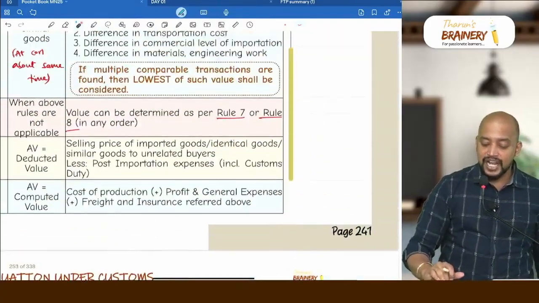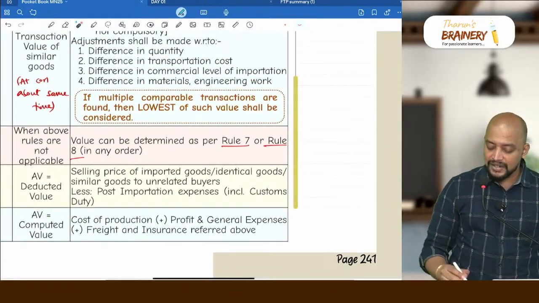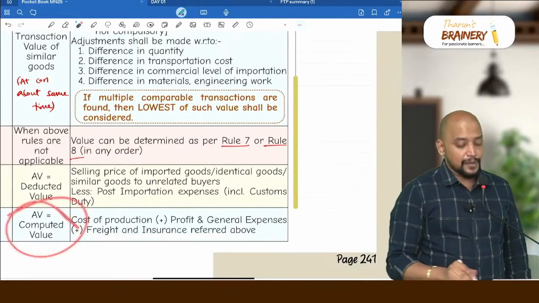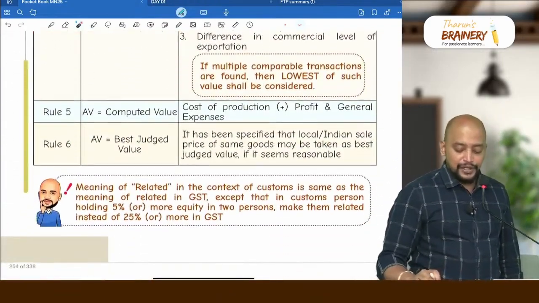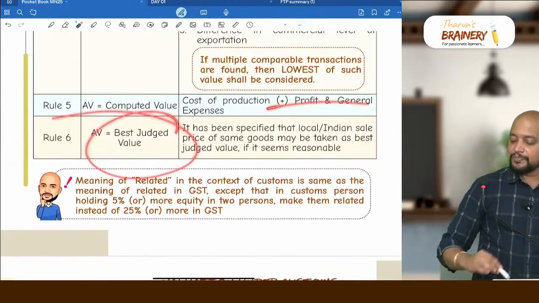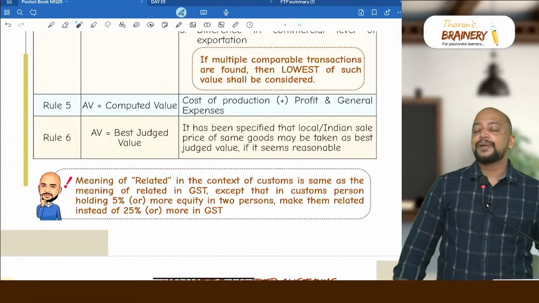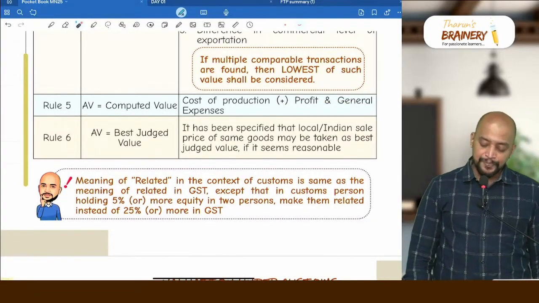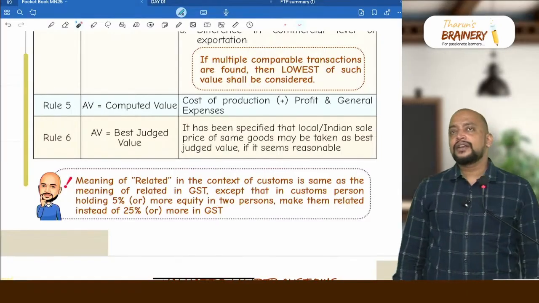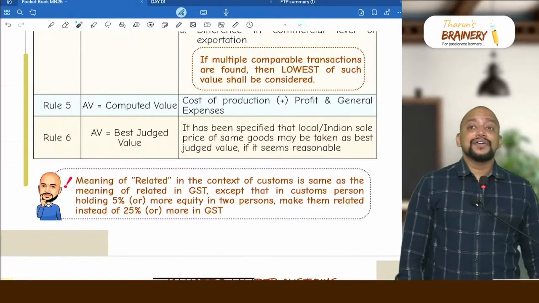In case of import, as we take the CIF price, that's the reason we need to add freight and insurance under computed value. But here in computed value we will not add all those things. Then best judged value. Best judged value means a value determined by the customs officer based on the principles of valuation.